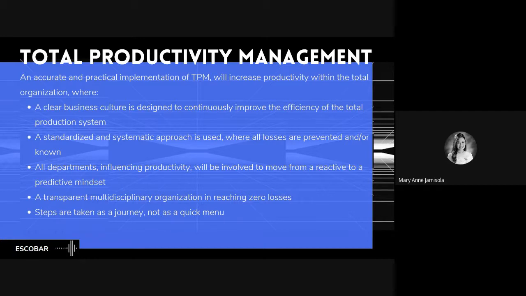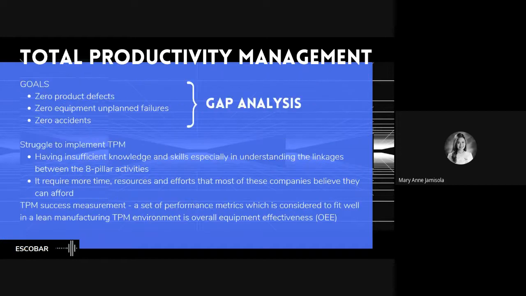We're a transparent multidisciplinary organization reaching zero losses. The steps are taken as a journey and not as a quick menu. Finally, TPM will provide practical and transparent ingredients to reach operational excellence.